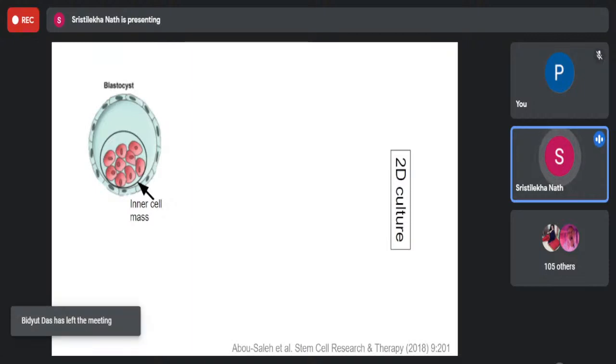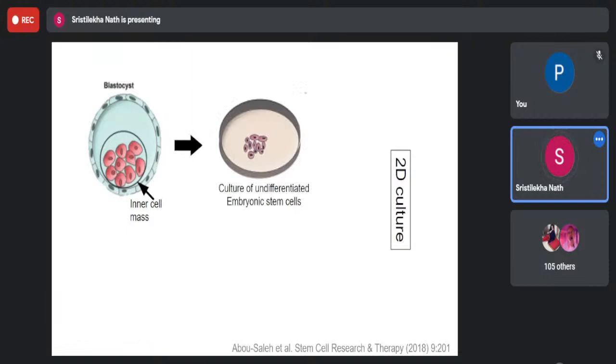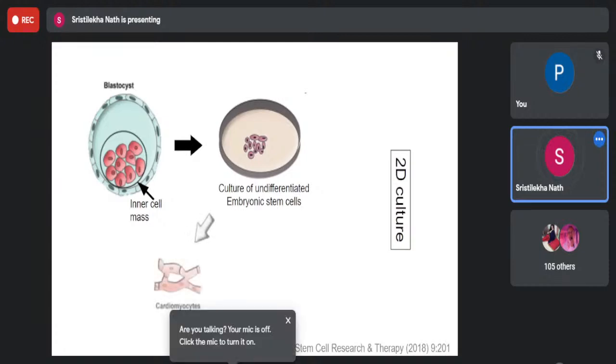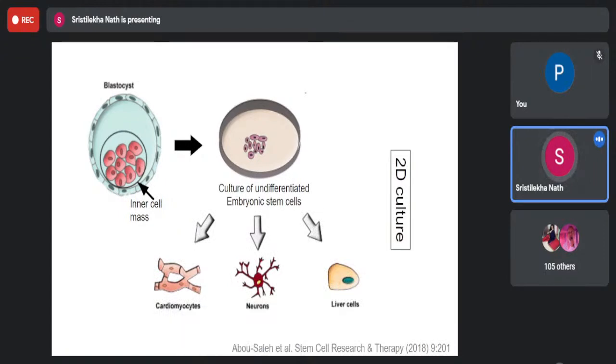This embryonic stem cell has the property of pluripotency, that means it can give rise to any kind of cell type. If they are isolated and cultured with appropriate media conditions, they can give rise to any kind of cell types like this, but they are all obtained in 2D. I'm showing 3D structures here, but actually they are obtained in 2D.